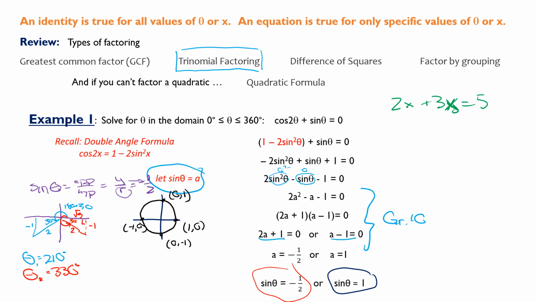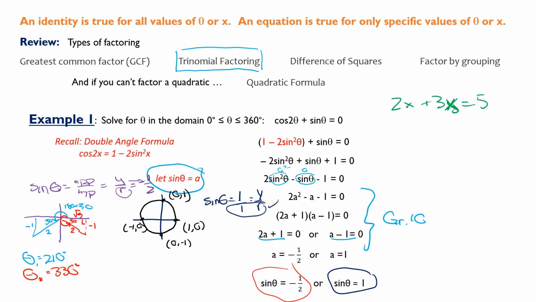So I'm looking for where sine theta is 1. Sine theta equals 1. That's 1 over 1. Again, it's y over r. So they both need to be a 1. So where on this circle can I have a y value of 1, and the radius is always 1 on the whole unit circle. This is a given, right?